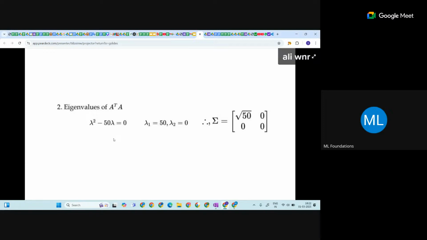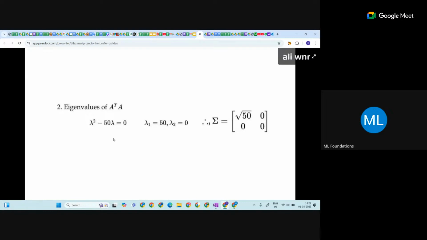The middle part, the sigma matrix, is going to be the roots of both eigenvalues. We take the root of both and keep them on the diagonal.